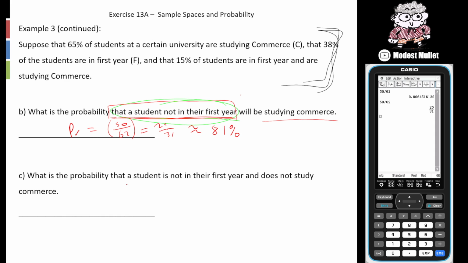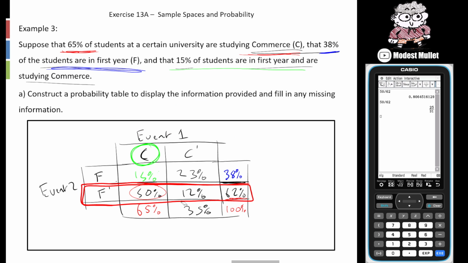What is the probability that a student is not in their first year and does not study commerce? Okay, so this is where it's that union sort of situation. Not in their first year and does not study commerce. So we aren't restricted anymore. It's just a combo situation out of the whole student body.